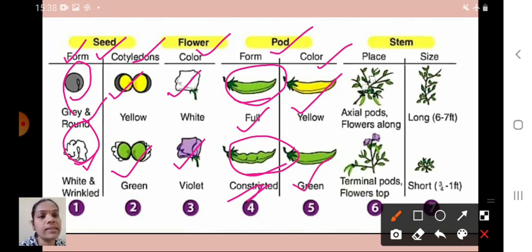Next is where exactly the flower is present: this one axial, and this one terminal. And size of the stem, that is long and short, tall and dwarf. So these are the different traits of pea plants. That's why Mendel decided to do that experiment on pea plant.